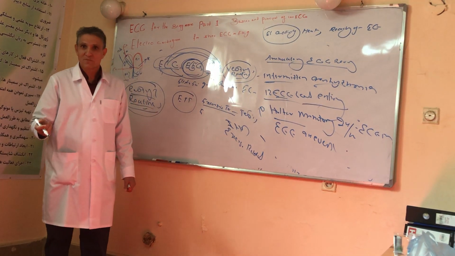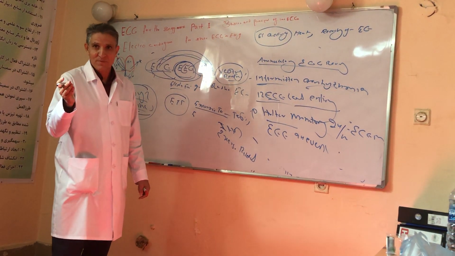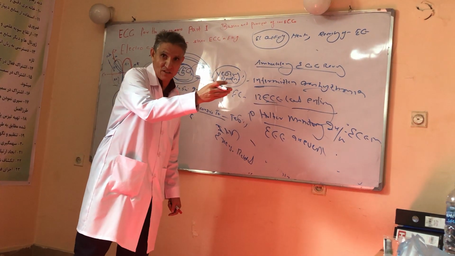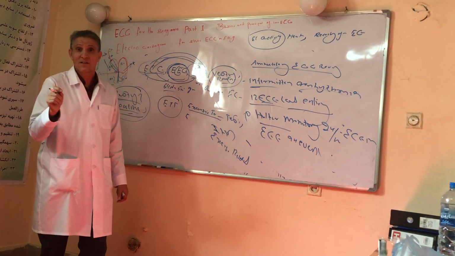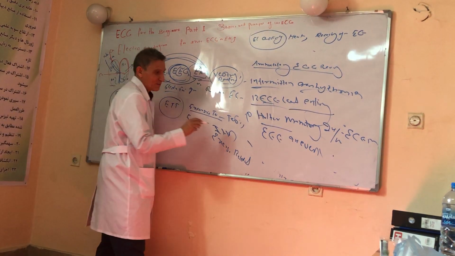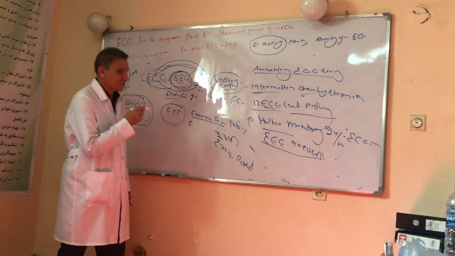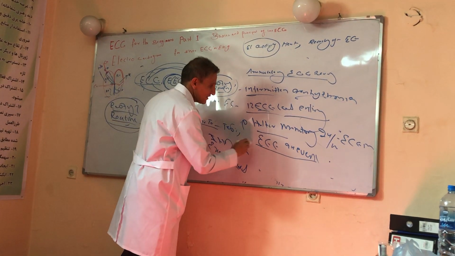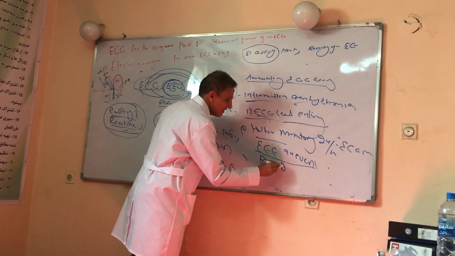You will advise the patient or give a paper. When you have an attack, you should take this paper and go to a clinic very near to you, and during the attack they may record the electrical activity of this patient. This is called ECG on event. This is also a variant of ambulatory ECG recording. Holter monitoring, ECG on event, ECG on demand.